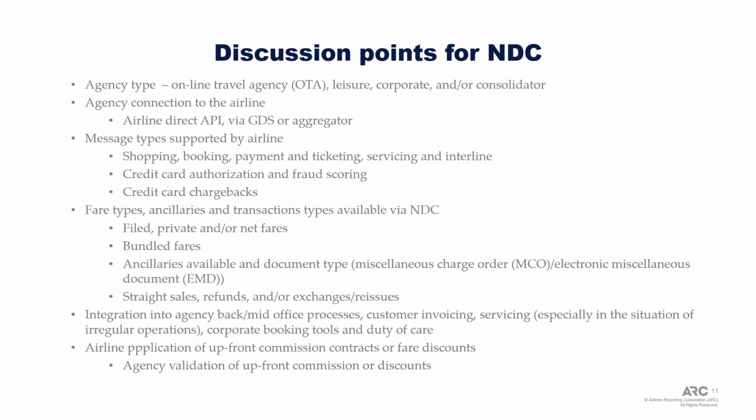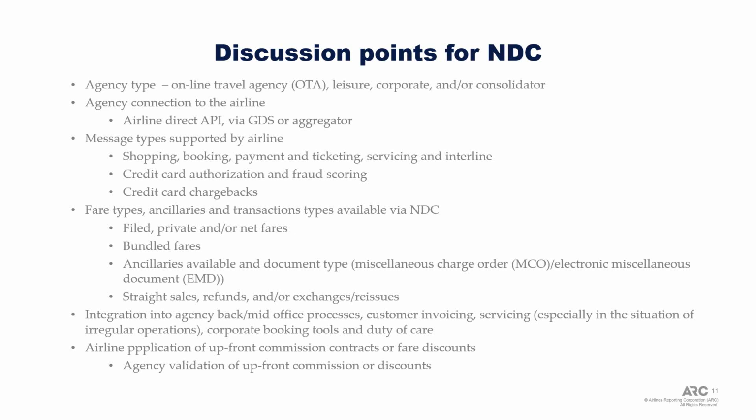So for instance, on how you are considering implementing NDC, what types of agencies or markets are you going to pursue first? Do you want to go online travel agency, an OTA, a mainly leisure-focused agency, corporate market, which tends to be a little bit more difficult because of the corporate booking tools that are in place, and you have to account for that processing as part of the NDC flow.